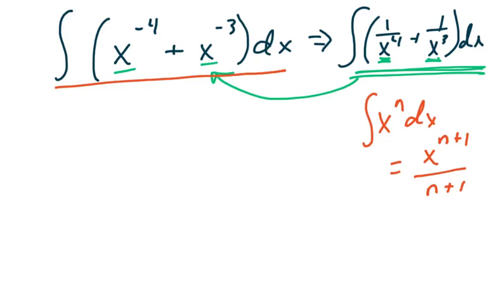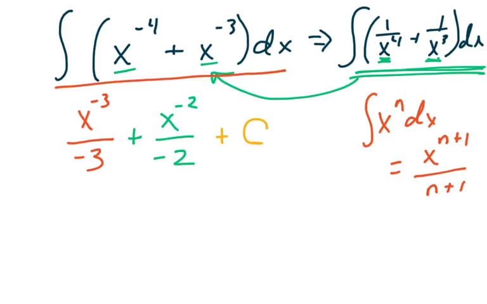So x to the negative 4th: negative 4 plus 1 is going to become negative 3, and I'm going to divide by that negative 3, that new exponent. Next one, plus x to the negative 3rd. Well, negative 3 plus 1 is negative 2. That's my new exponent. Divide by that new exponent. And again, add our plus c.